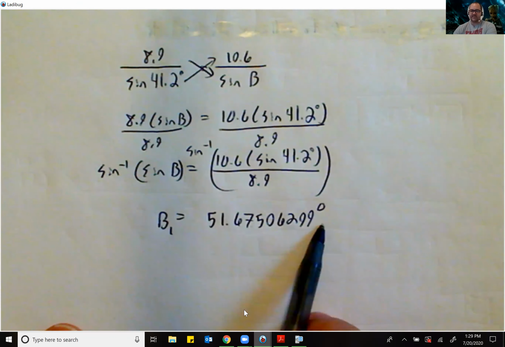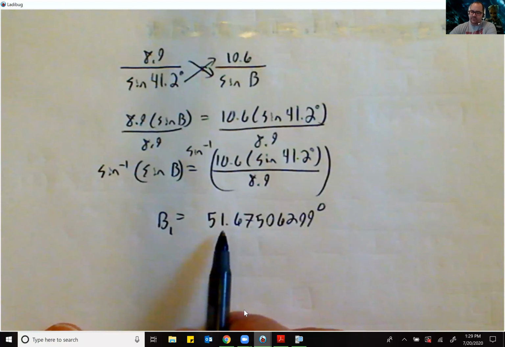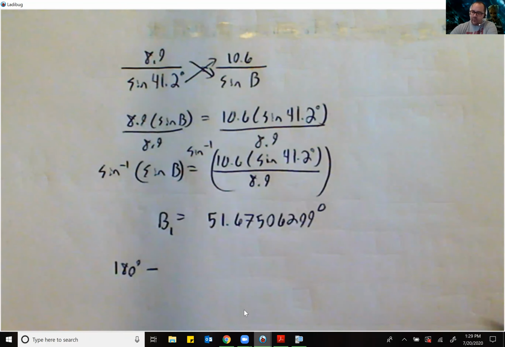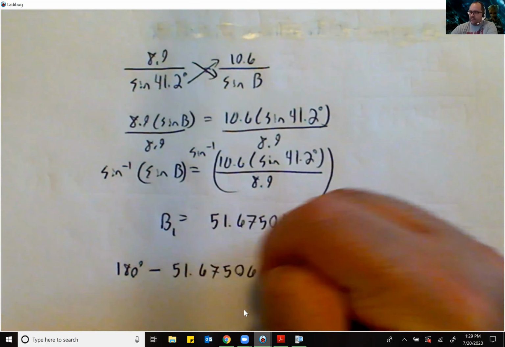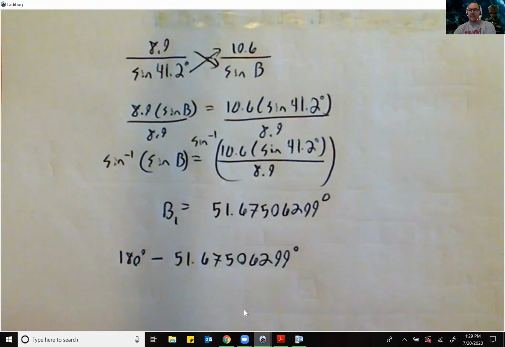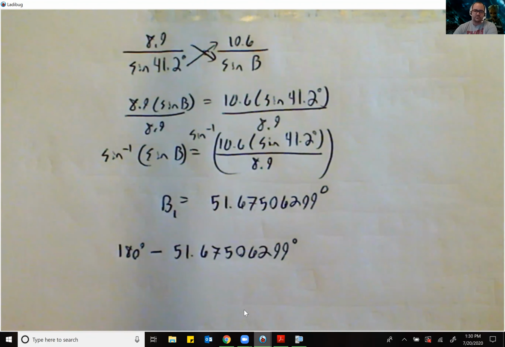Well, now we got to check and see if it is possible for a second triangle. How do we do that? Well, the first thing you're going to do is take 180 degrees minus the 51.6750629. Again, I'm not rounding this because I want to be as accurate as possible. In math, you only round at the very end. Okay? So we'll go right back to the calculator.